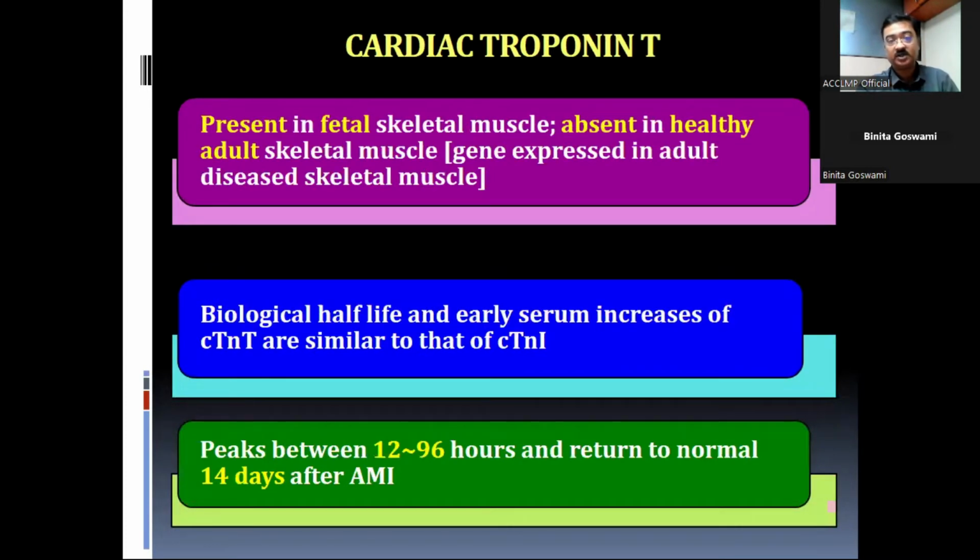Cardiac troponin T has almost similar nature to cardiac troponin I, but it remains a bit longer so far as timing is concerned. In diagnostic importance, it has more or less similar importance to cardiac troponin I. And cardiac TROP T is one of the most likely choices of cardiac enzyme for point of care testing.